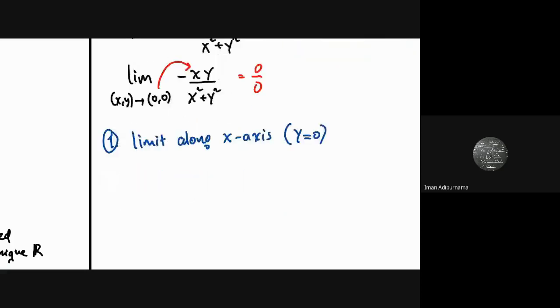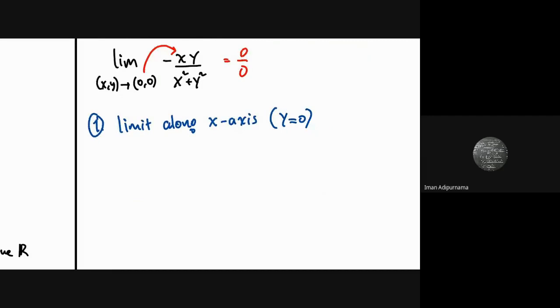So first, we divide into some parts. First, we limit along only the x-axis. So we still write the same limit notation, but here we are only focused on when y is equal to 0.